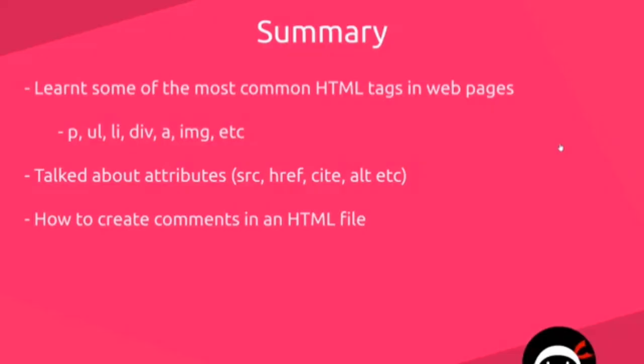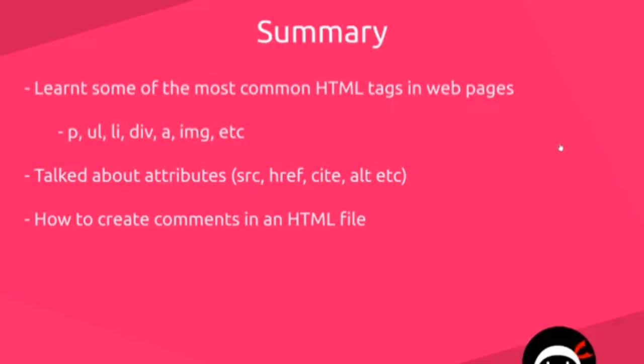So then, my friends, everything that I've shown you so far in this video is probably now enough to make a very simple HTML document or a web page. So we've learned some of the most common HTML tags: a paragraph tag, an anchor tag, UL, li, image, div, and more. And we've also seen what attributes inside these tags are, the extra information about those tags.